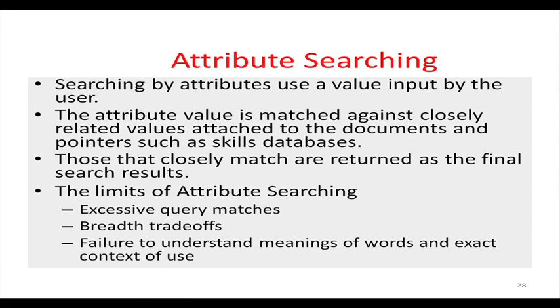This basically talks about an attribute which operations people have. From the skill databases, you can find out such people. And if the database has it, then you can get it, otherwise not. So, these are the things that you can go for when it comes to attribute searching.